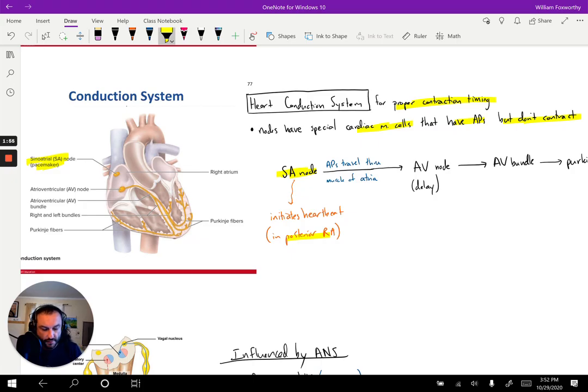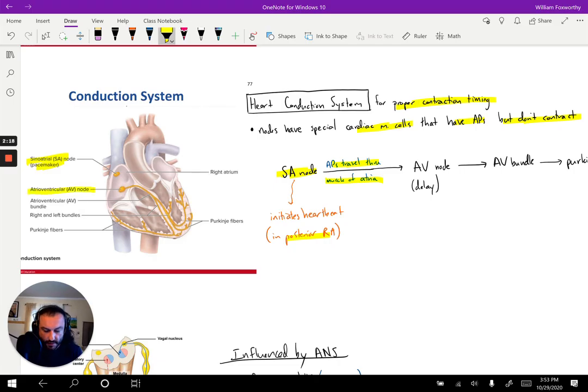That electrical activity, those action potentials, then travel through the muscle of all of the atria, because those cardiac muscle cells in the atria are connected to one another through those intercalated discs, through the gap junctions. And then that is going to cause your atria to contract.